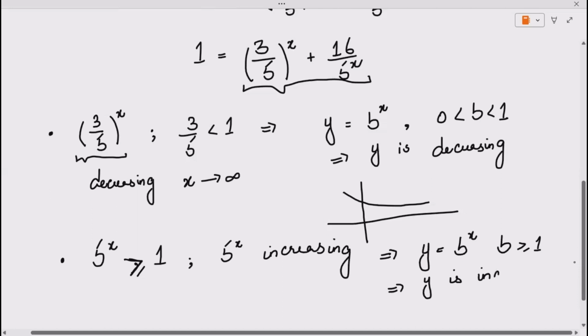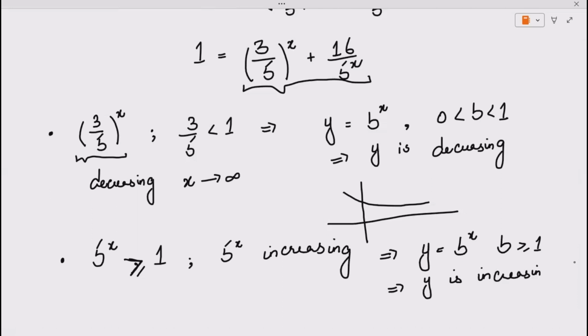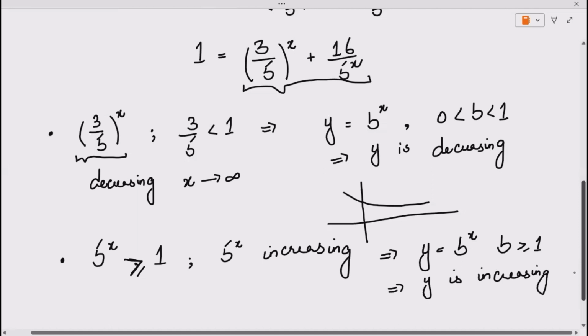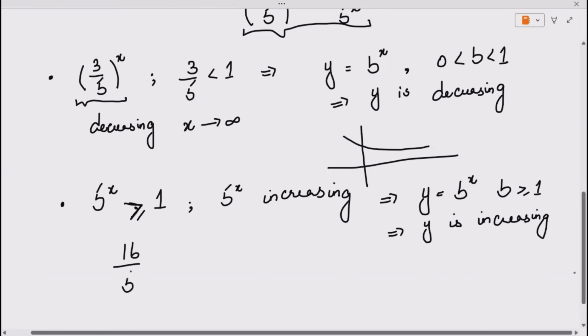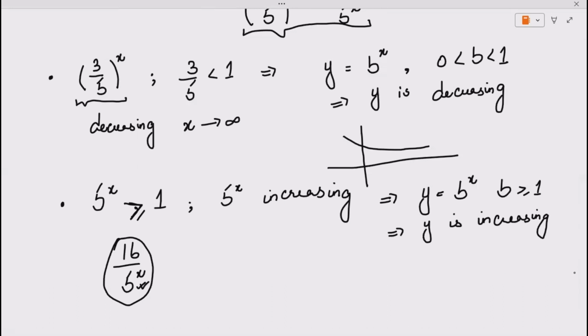So that's why we say 5 raised to the power x is increasing, but we have 16 upon 5 raised to the power x. So this thing is decreasing, because in the denominator something is increasing, and 16 upon something increasing means this thing is also decreasing.